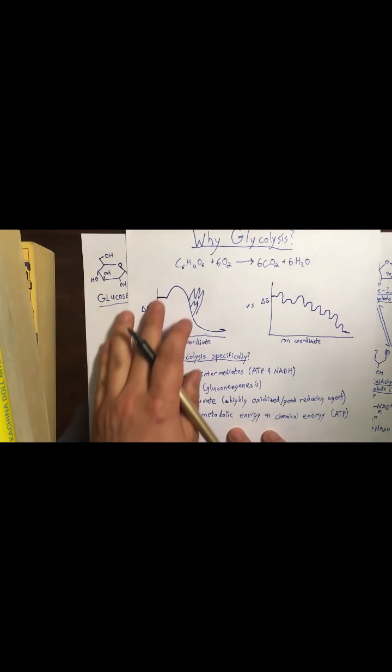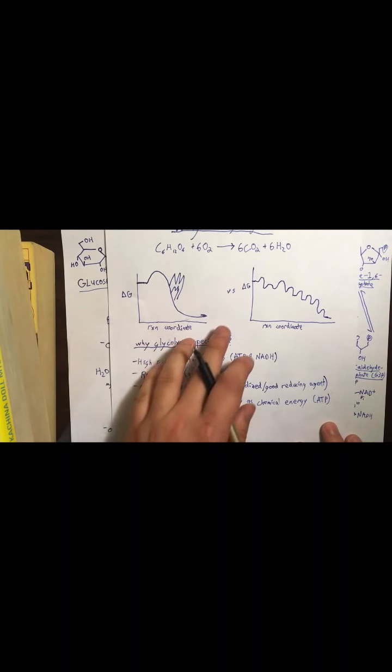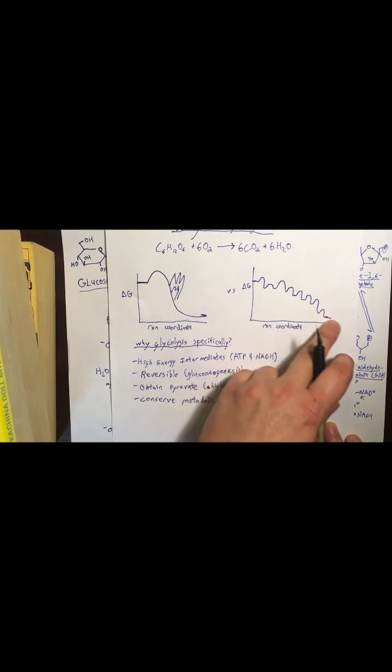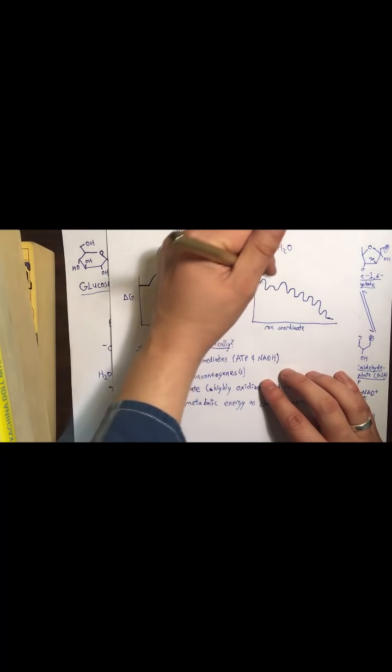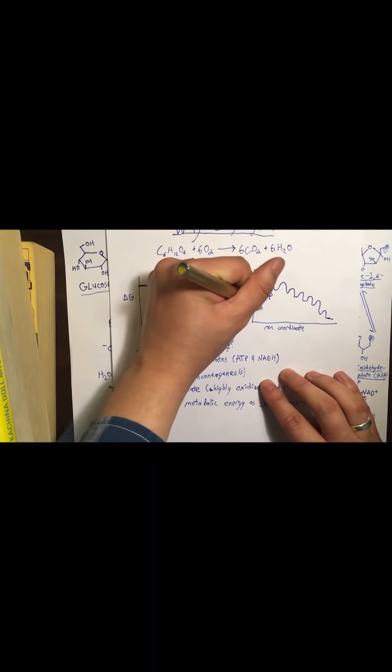So instead of one giant reaction, we now have the same release of energy, but we're releasing that energy in bits over time. And with these small releases of energy, we can get intermediate molecules that'll come in and harness that energy. Molecules like ATP or NADH.